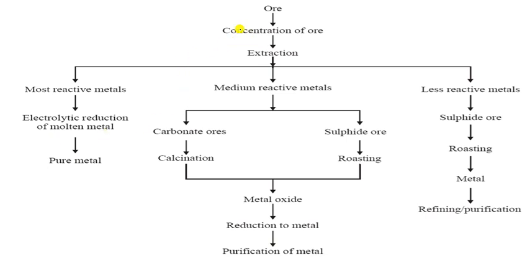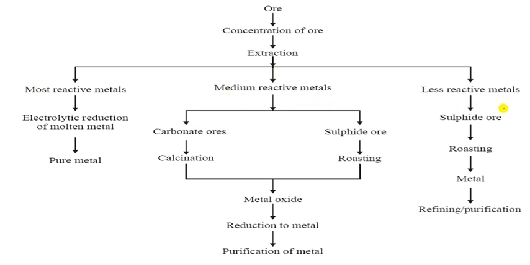Let us see how metallurgy proceeds in a flow chart. So that is the flow chart of ore. Ore is subjected first, at the top, to concentration, so we get the concentrated ore. There are several methods for the concentration of the ore. Now extraction. Extraction is divided into three parts.